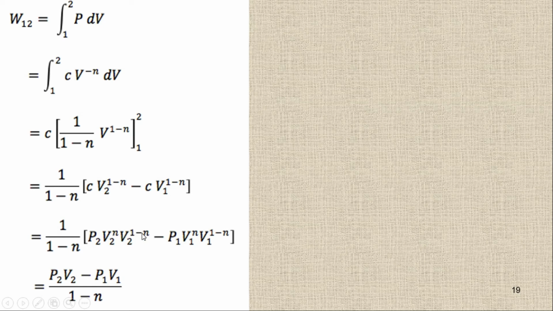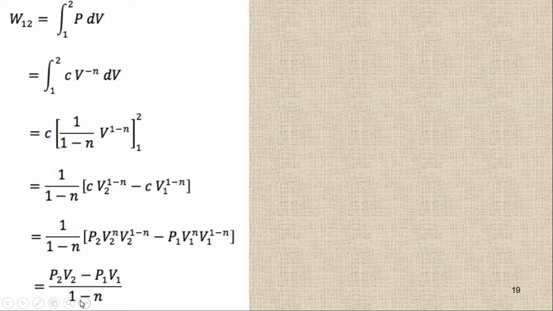So n will be cancelled out. I will get only P2 V2 minus P1 V1, because n is cancelled out. So we will get (P2 V2 minus P1 V1) upon (1 minus n), and this is the boundary work for the polytropic process. But let's suppose I have a value of 1 for n, so it will be 1 minus 1, 0.